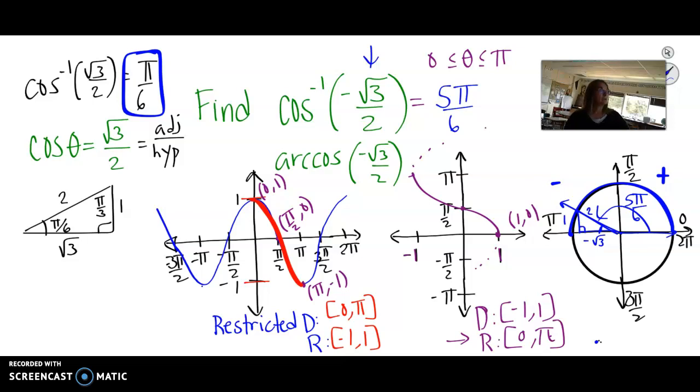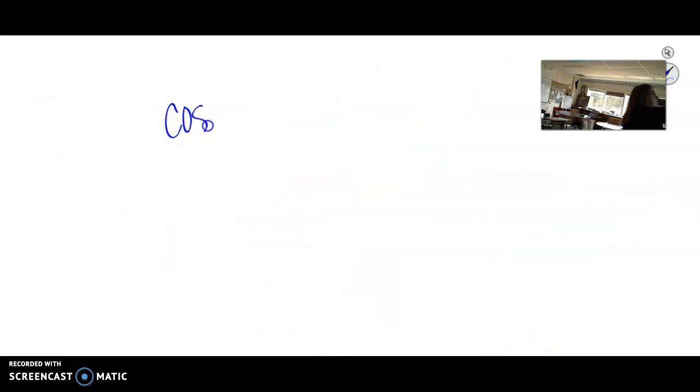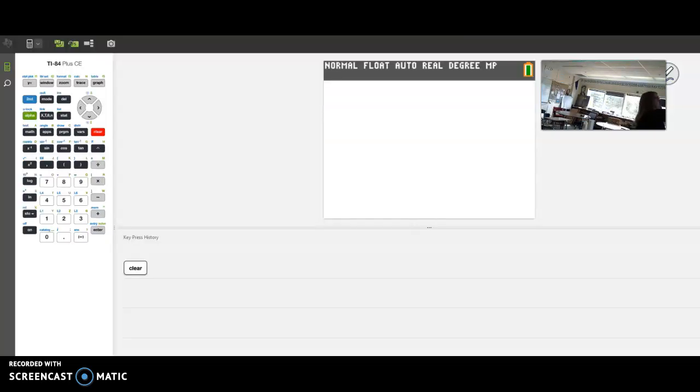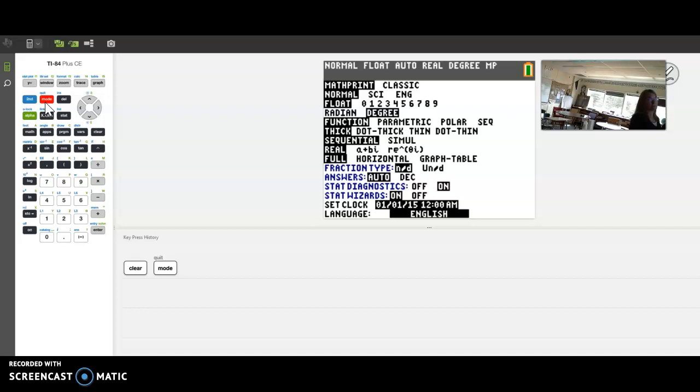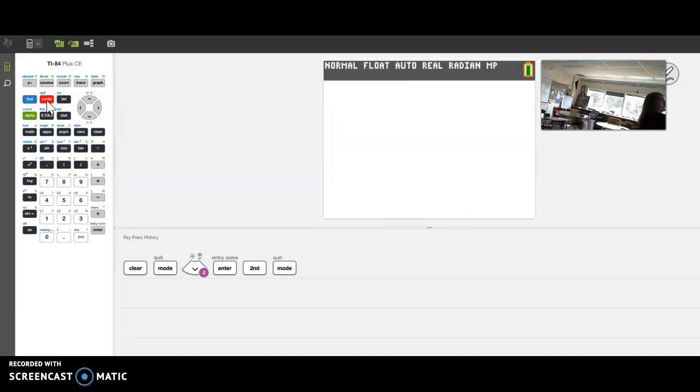Okay, so your answer for cosine inverse... oh, you know what, before I do that, what I wanted to do is just throw this in a calculator and show you that it's the same thing as 5 pi over 6. First thing I want to do to check this is make sure I'm in radian mode, and my calculator is not, so I'm going to switch it to radian mode. Then I'm going to find the cosine inverse of negative square root of 3 over 2.